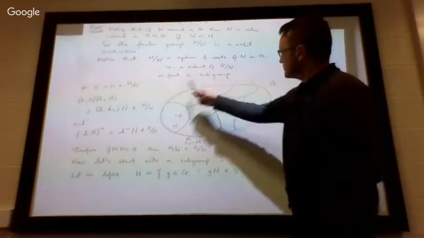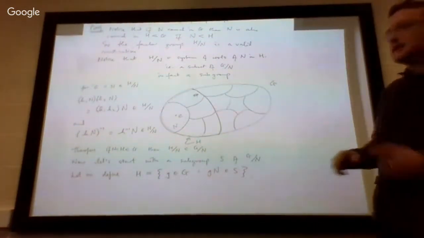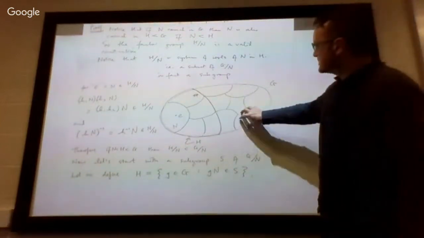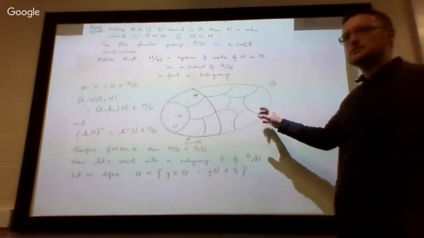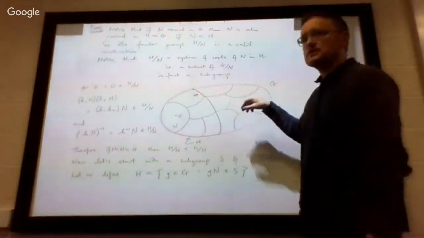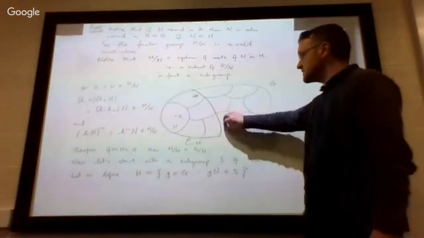So S is a subgroup of G mod N. This is G mod N we're looking at now. Some bunch of cosets, not all of them, if it's a genuine subgroup. Some subset of the cosets. This subset H we're talking about is just all the elements inside them.